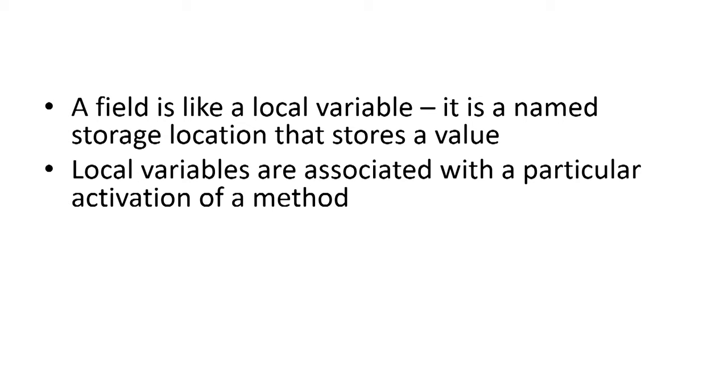If the method has local variables, those local variables suddenly spring into existence. When the method returns, those variables disappear. Right? So when the method is activated, the local variables appear. And they may disappear when the method disappears. A subject that we won't be covering in this course is that there are some situations in which local variables do not disappear when a method returns, but we're not going to talk about that in this course.